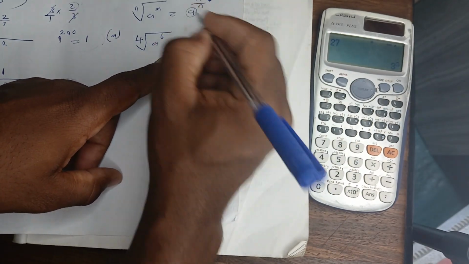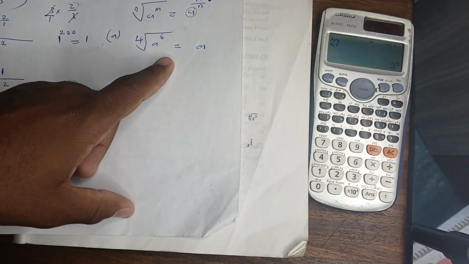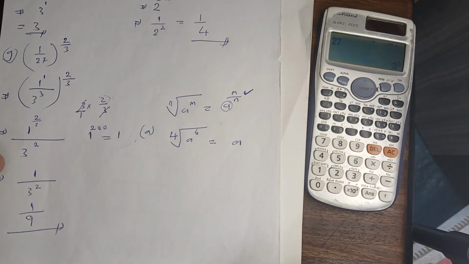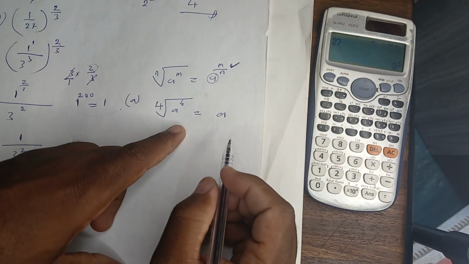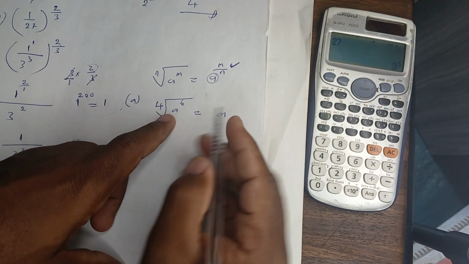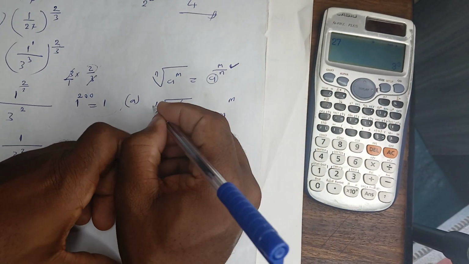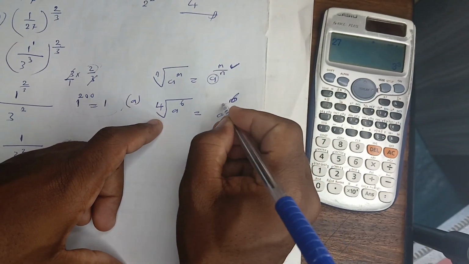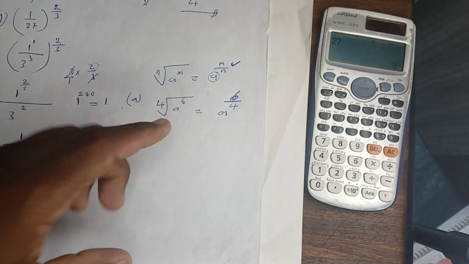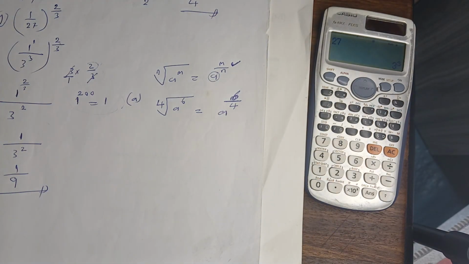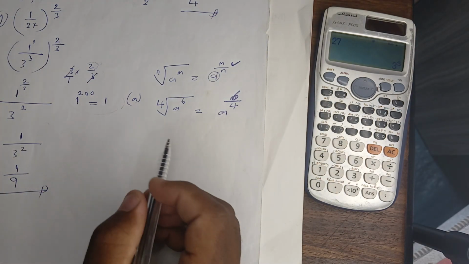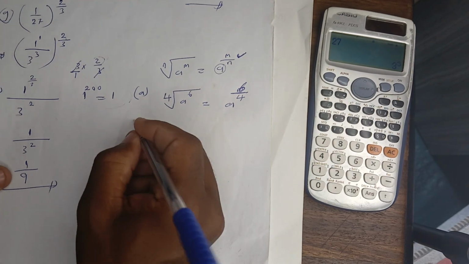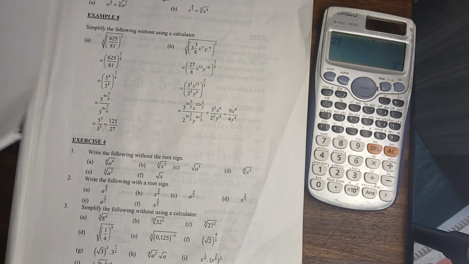Can you see that the a remains? I'm going to write the a as it is, and then you can see that this 6 goes on top, then this 4 goes down. Now we have written it in a way whereby there's no root sign. It's done. Then you go to B. Can you see it's easy?